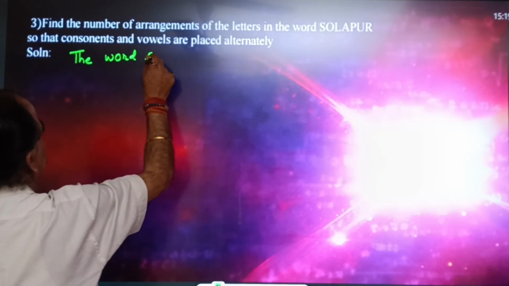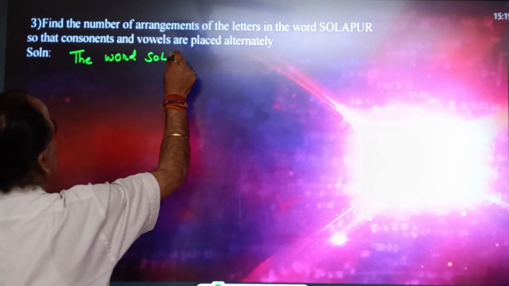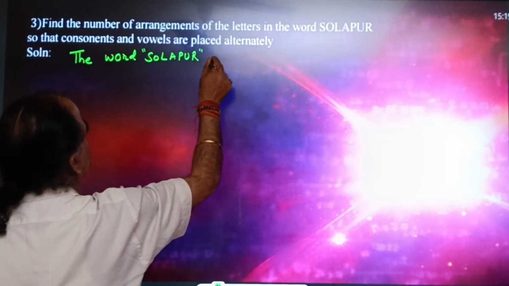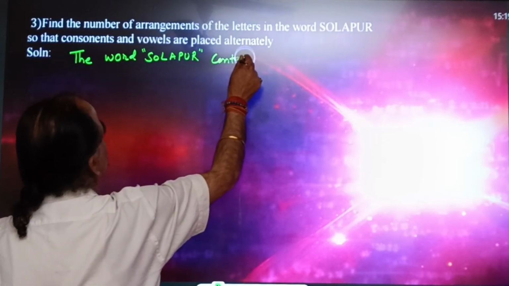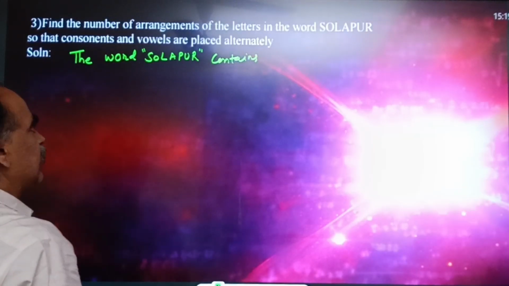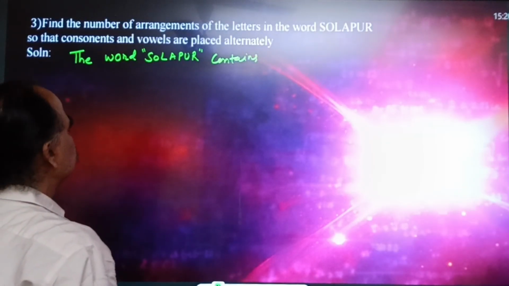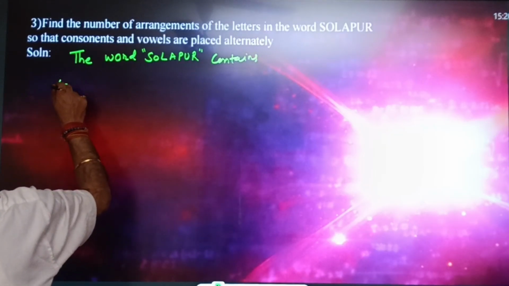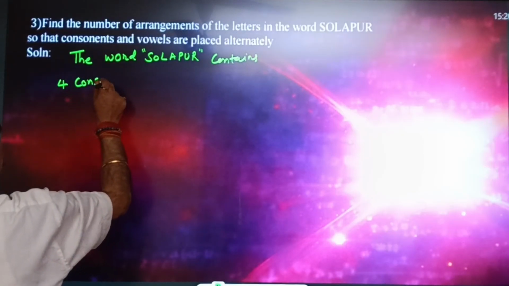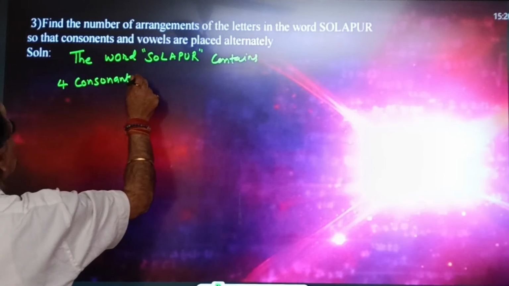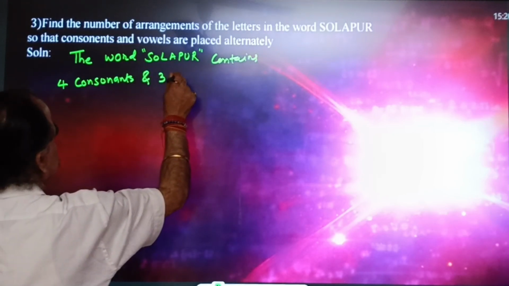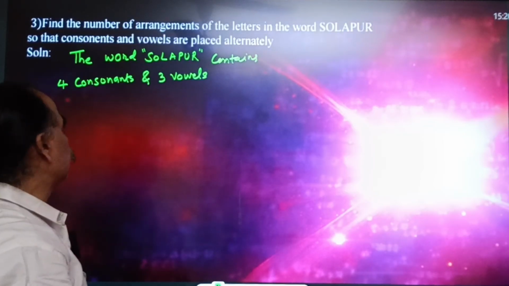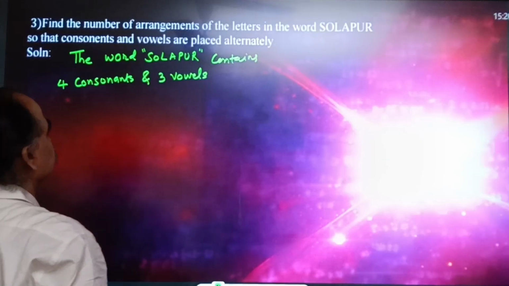The word Solapur contains O, A, U, three vowels, and S, L, P, R, four consonants.